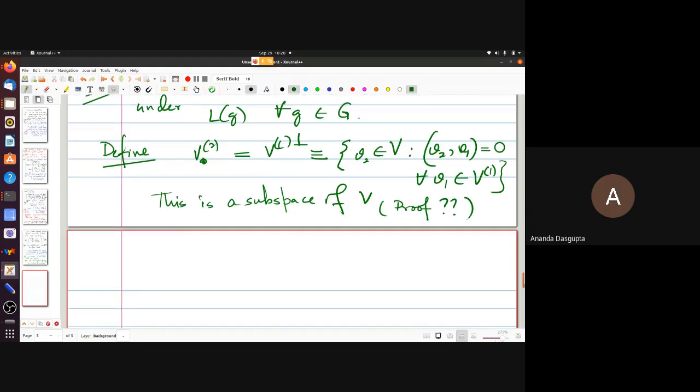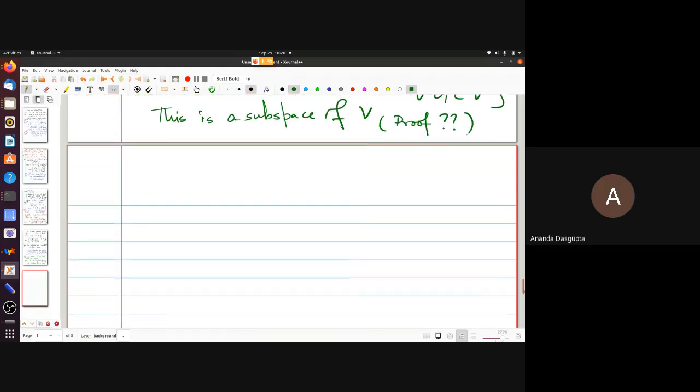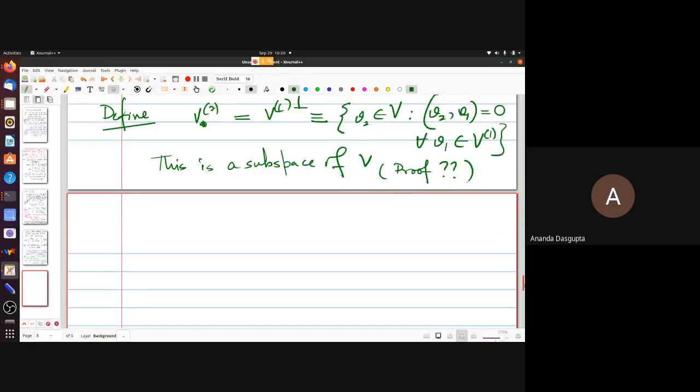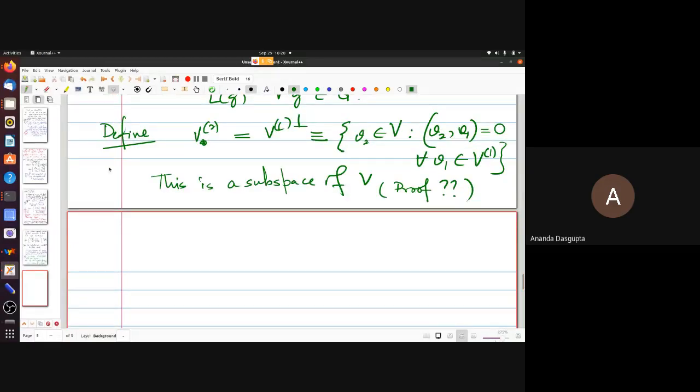Okay, so we have this. Now what we need to prove is this, that V2 is invariant.